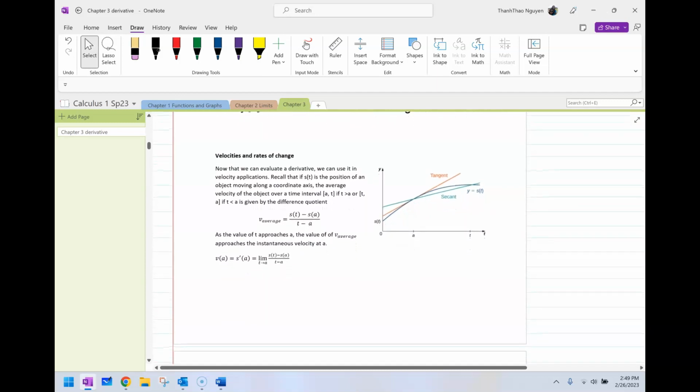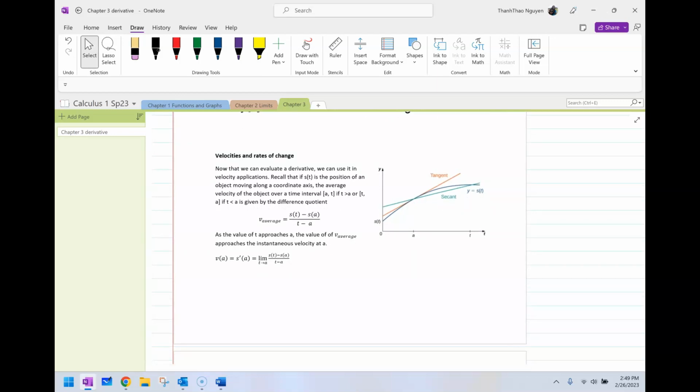Okay. When we're talking about the instantaneous velocity, we're actually talking about the slope of the tangent line of the curve at that point, at the tangent point. Now that we can calculate derivatives, we can use them in velocity applications. Recall that if s of t is the position of an object moving along a coordinate axis, the average velocity of the object is given by v average equals s of t minus s of a, divided by t minus a, and we can calculate the velocity by letting t approach a.